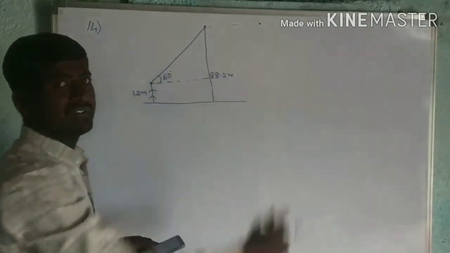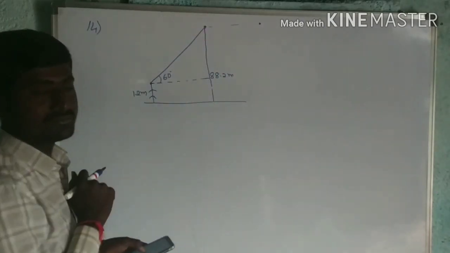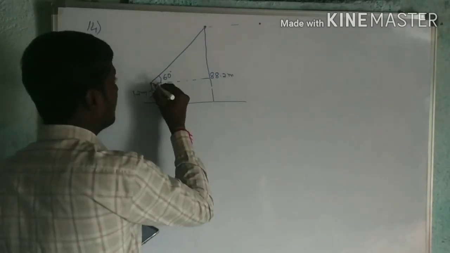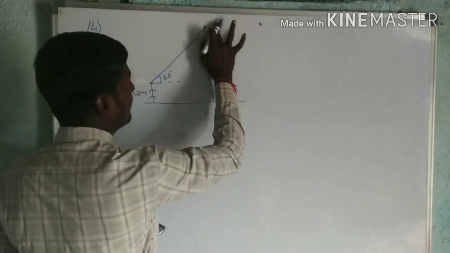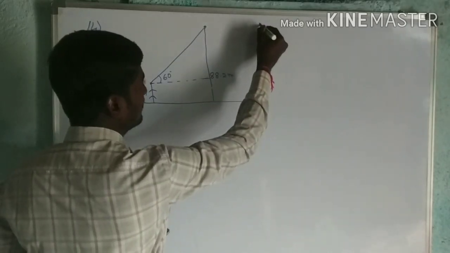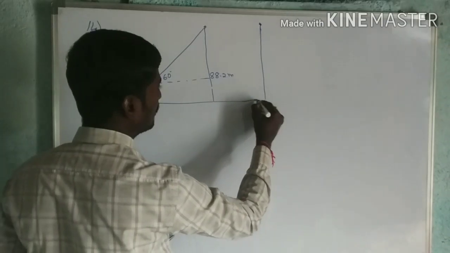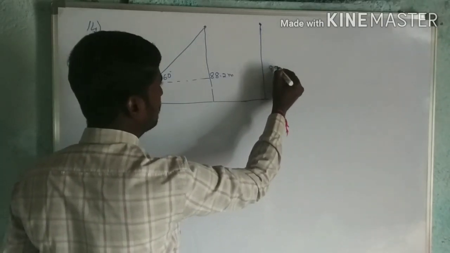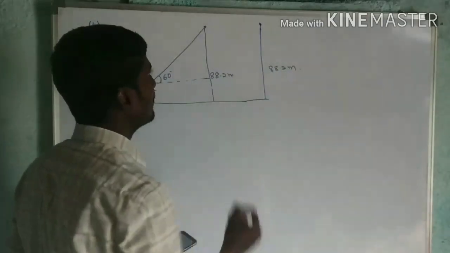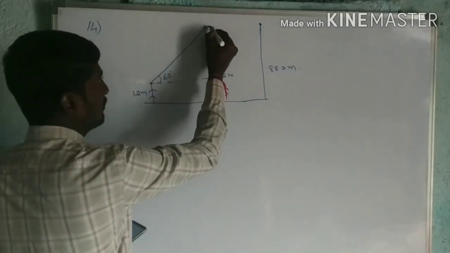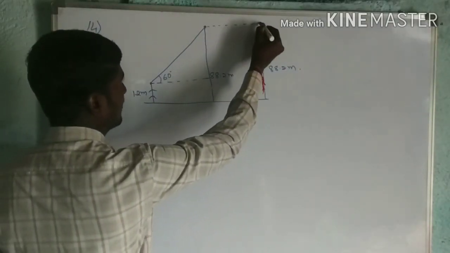After the first position, now here I will take the balloon will be here. So the height is again the same, 88.2 meter from the ground. Now the balloon moves from this position to this position.